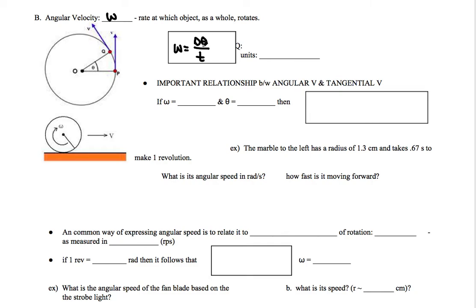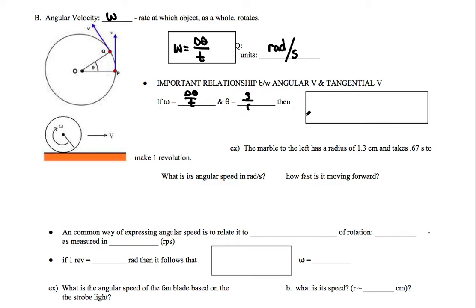If this has got the symbol of rads, and this is in seconds, then the units are rad per second. And if we're relating angular velocity and tangential velocity, we have omega, which is, as we said before, change in theta over time, and theta is S over r.